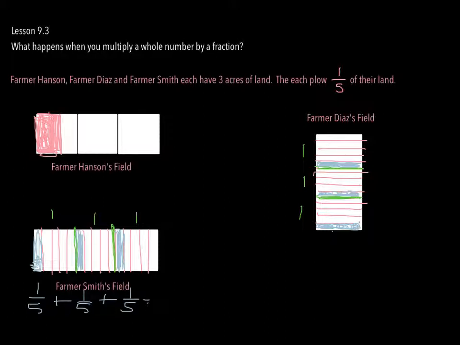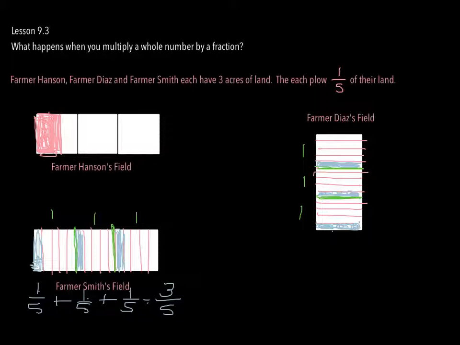How much total did he plow? If we remember, when we add fractions, we keep our denominator the same if it's alike, so we're speaking the same language, it becomes fifths. And 1, 2, 3. He plowed 3/5 of an acre.